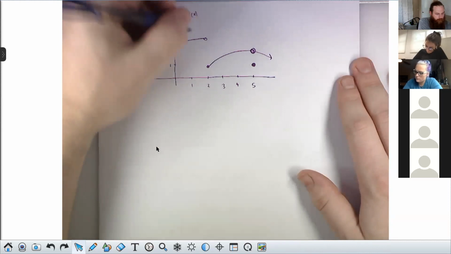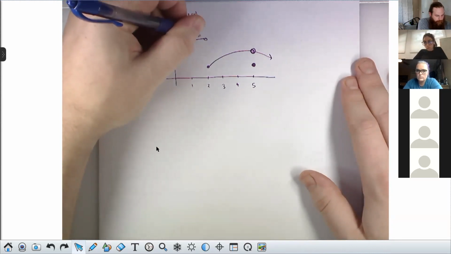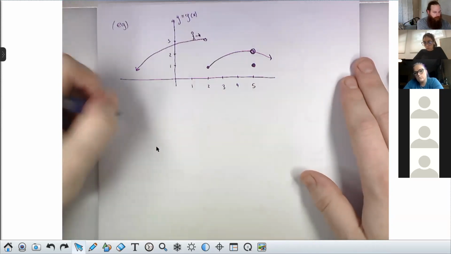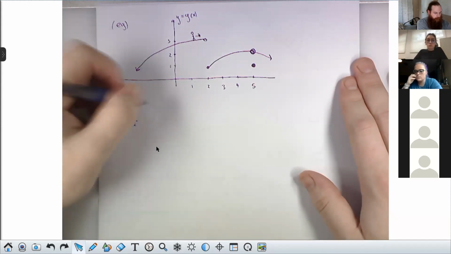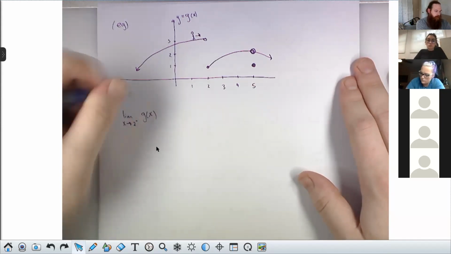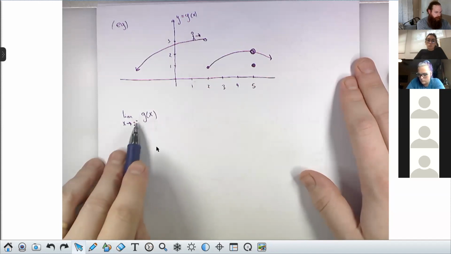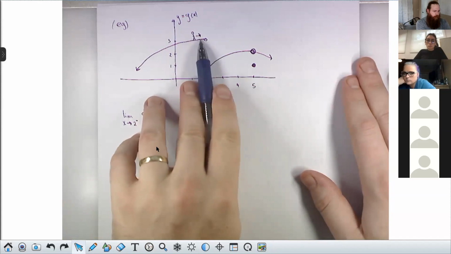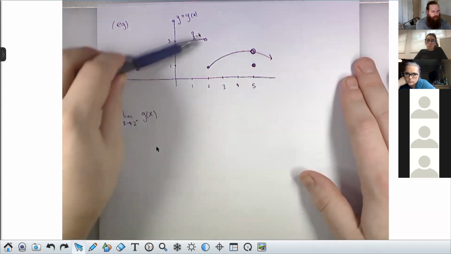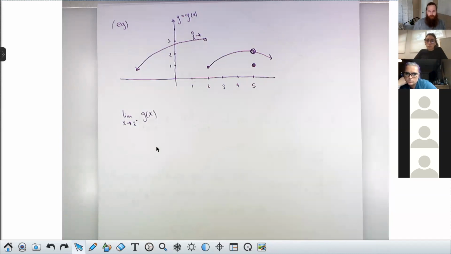If I'm walking along the graph and I try to sneak up on x equals 2 from the left, so I'm on the graph of g, and I want to have x approach 2 from the left, I'm asking where this guy's y coordinate is going as he walks along that graph, getting closer and closer to that hole from the left. So what is that value? 3.